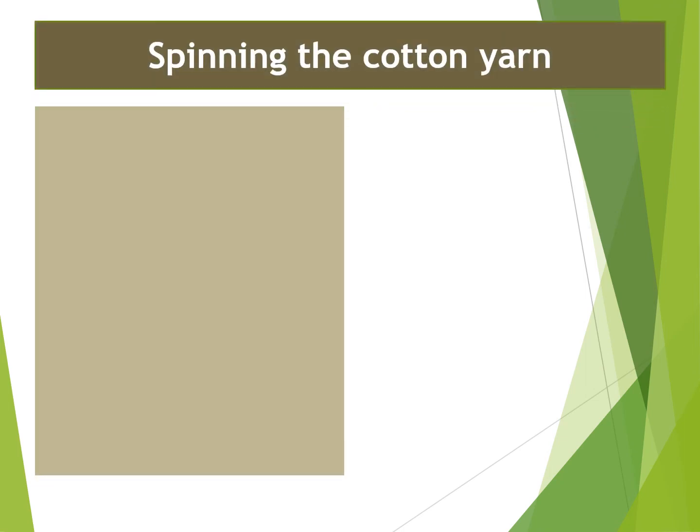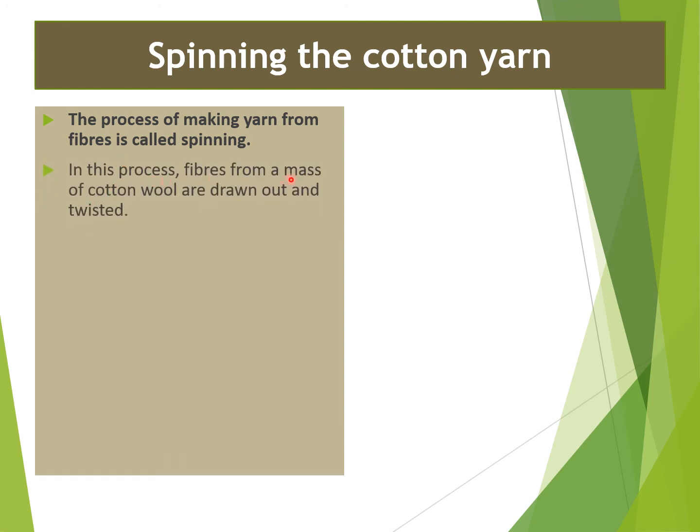First of all, spinning of the cotton yarn is done. The process of making yarns from the fibers is known as spinning. In this process, the fibers from the mass of cotton wool are drawn out and twisted. This brings the fibers together to form a yarn.